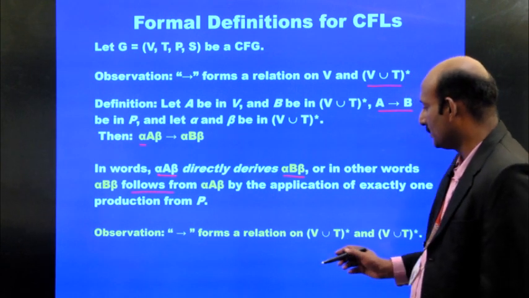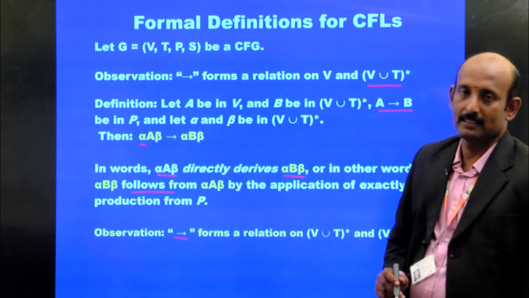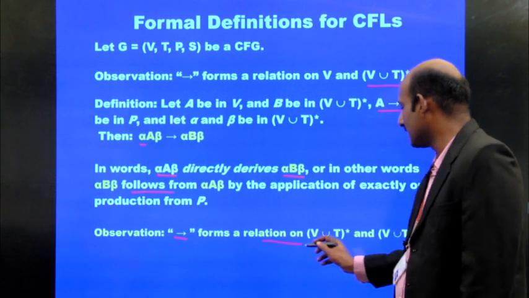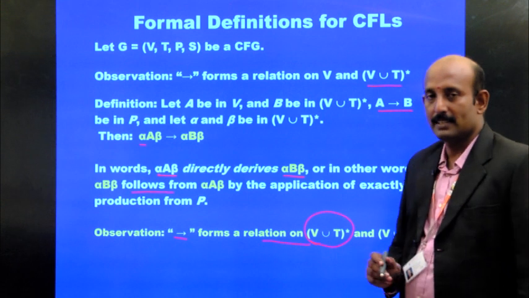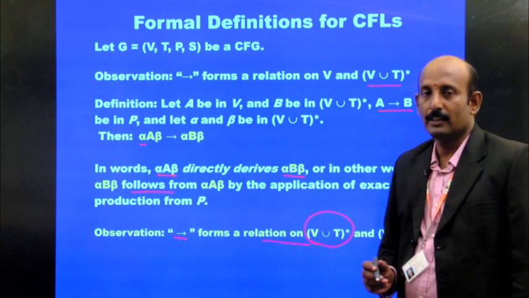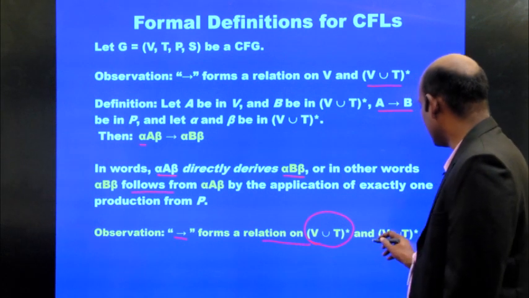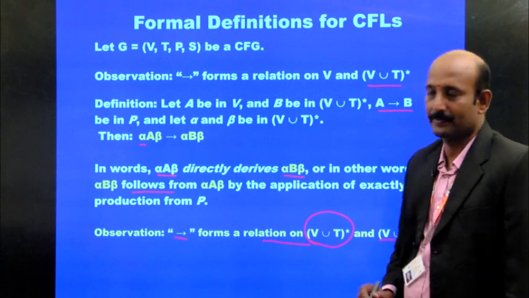That is the meaning of this arrow mark, the implies symbol, which denotes the relation on V union T star, the closure property.